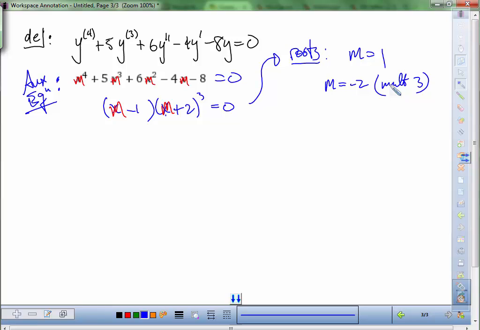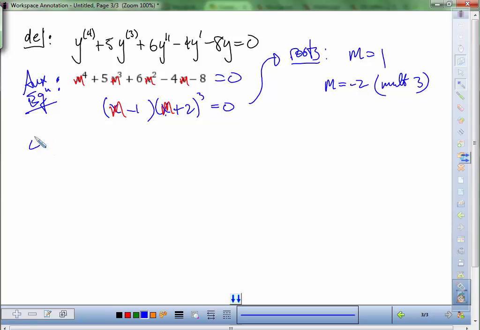So we need four functions that are linearly independent from each other that would satisfy this differential equation. And one of the functions, if I use m is equal to 1, would look like this.